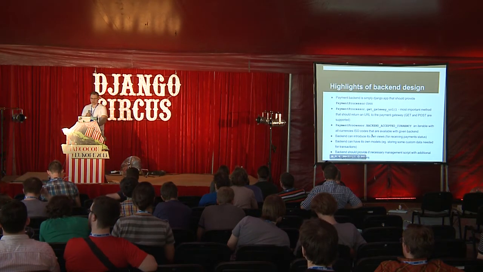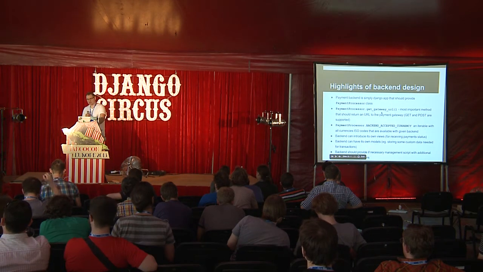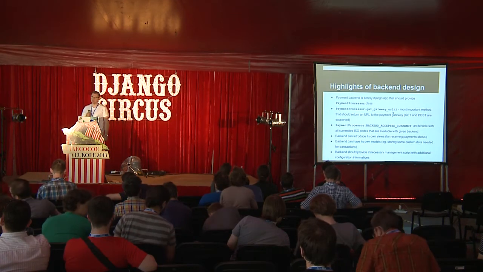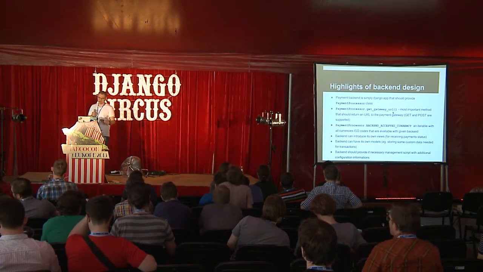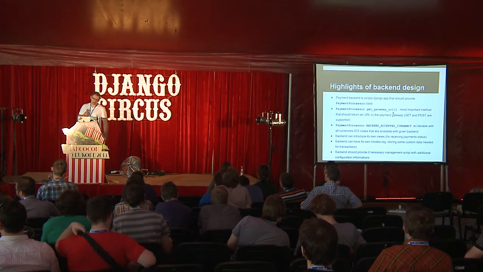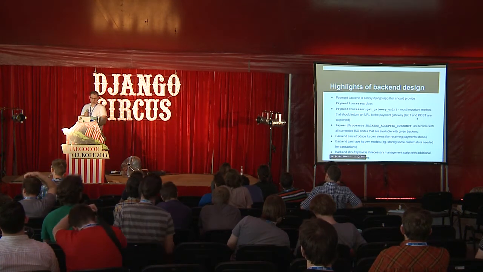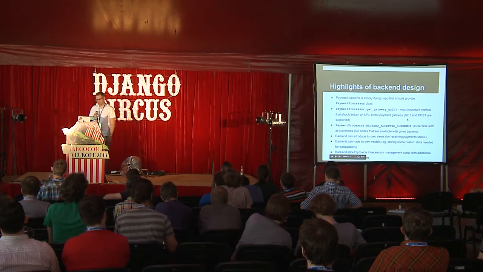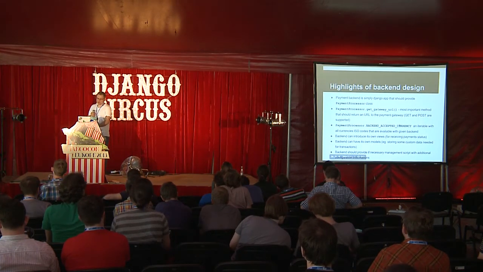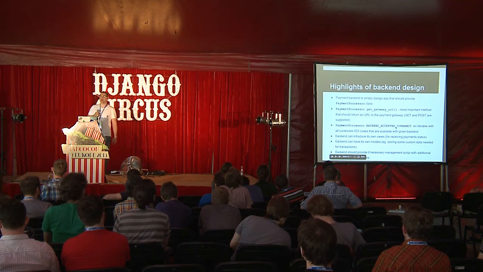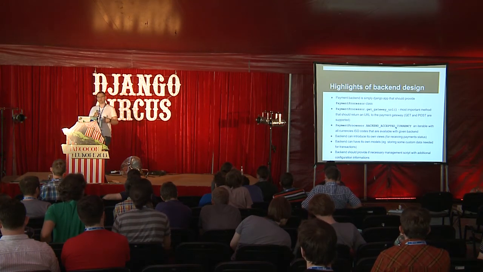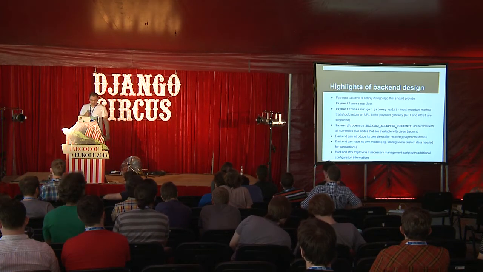The class should expose the method gateway URL, so it knows how to redirect to the payment broker. GetPaid allows using GET and POST methods because both are used by payment brokers. It should also define accepted currency so that GetPaid will know which kind of orders can be processed with which kind of backends.